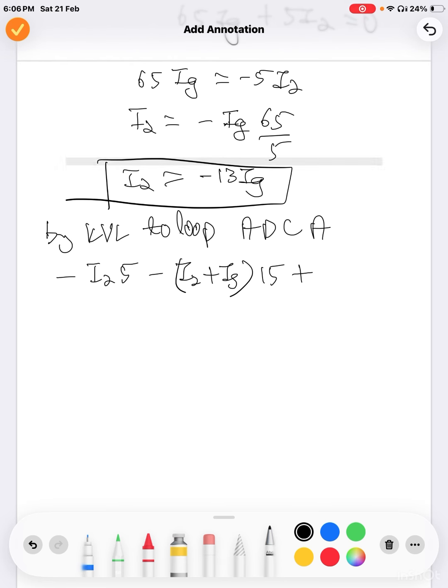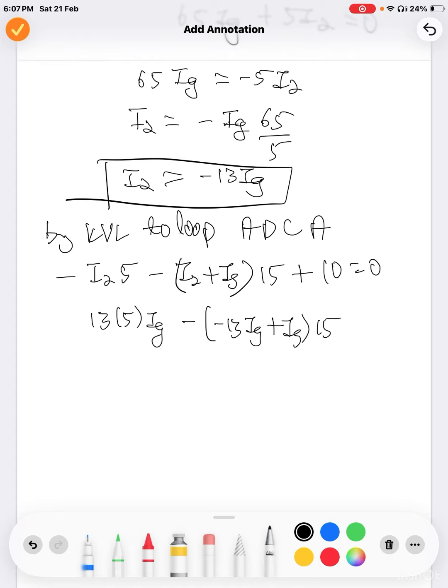So plus, what is the voltage value? 10 volt equal to 0. So from this one, I2 can be replaced by minus 13 Ig, so minus into minus plus 13 into 5 into Ig, and minus I2. That can again be written as 13 Ig plus Ig into 15 plus 10 equal to 0.